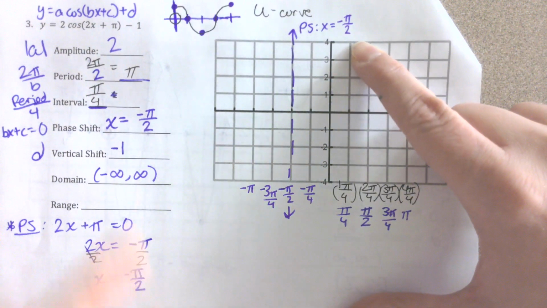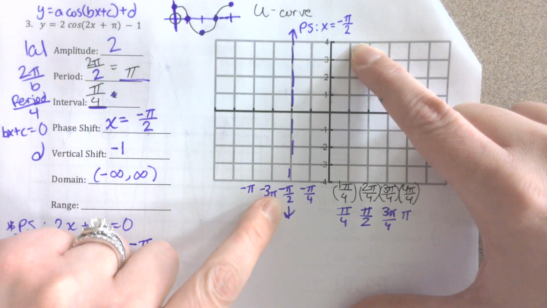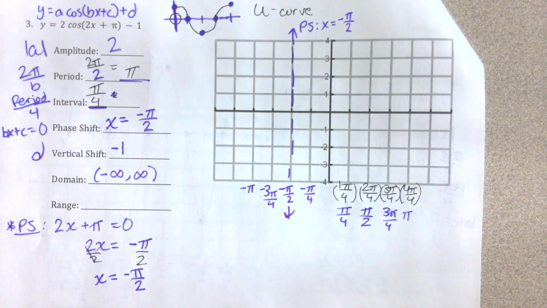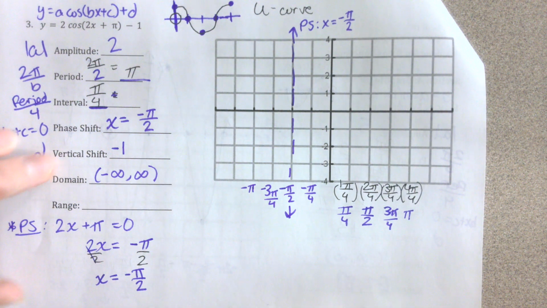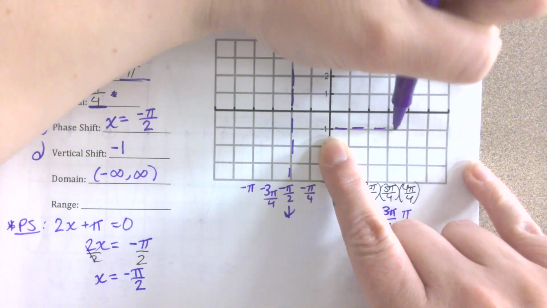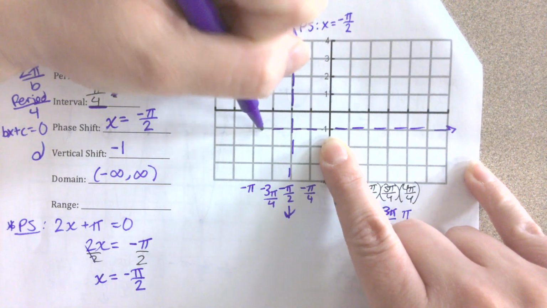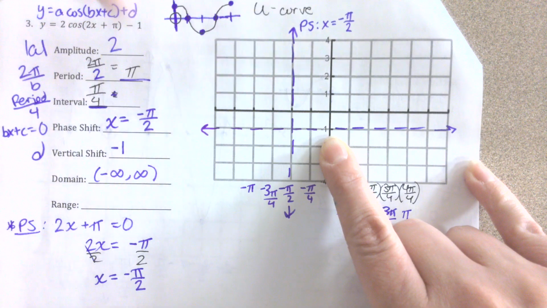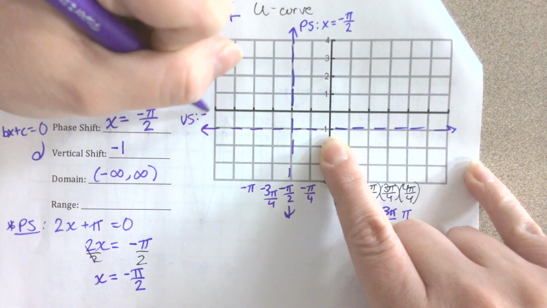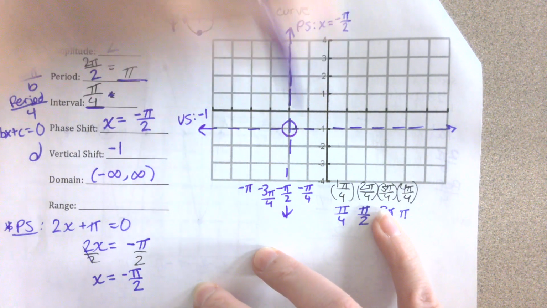I do this as a way to double check, to make sure I put it in the right place, because it happens sometimes where you put it in the wrong spot. And then vertical shift is negative 1, down 1. Horizontal line for that one, through negative 1. Where they cross is where I start, or at least place my new origin.